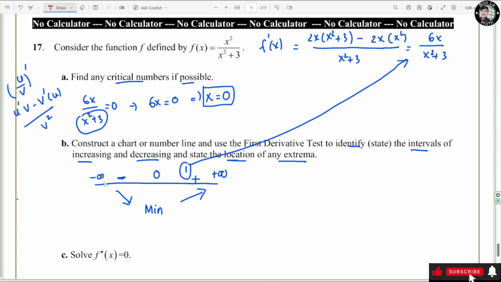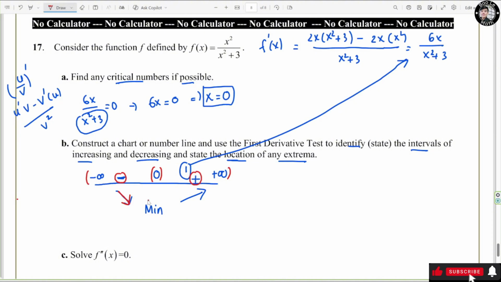Now we need to conclude that the function f of s is decreasing on the interval negative infinity to 0, right? Because f prime of s is less than 0, right? And the function f of s is increasing on the interval 0 to infinity because f prime of s is positive on this interval, right?